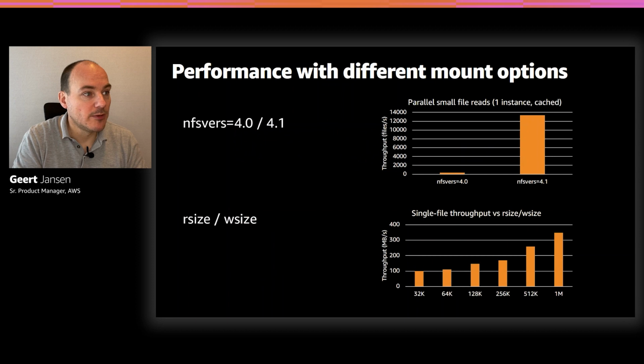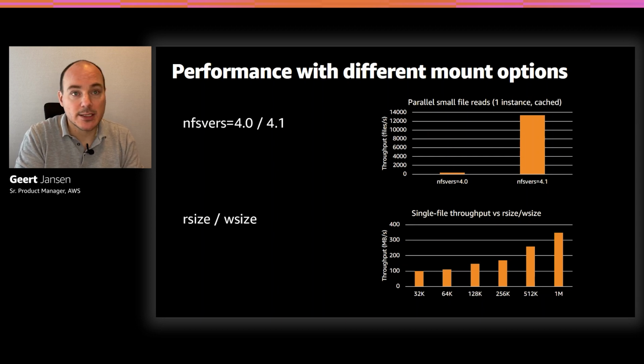And then briefly, the impact of using different mount options. The top graph shows the difference between NFS 4.0 and 4.1. You can see NFS 4.0 achieves something like 300 files per second, again on the same parallel small file read benchmark as I used before, while NFS 4.1 achieves in excess of 12,000.